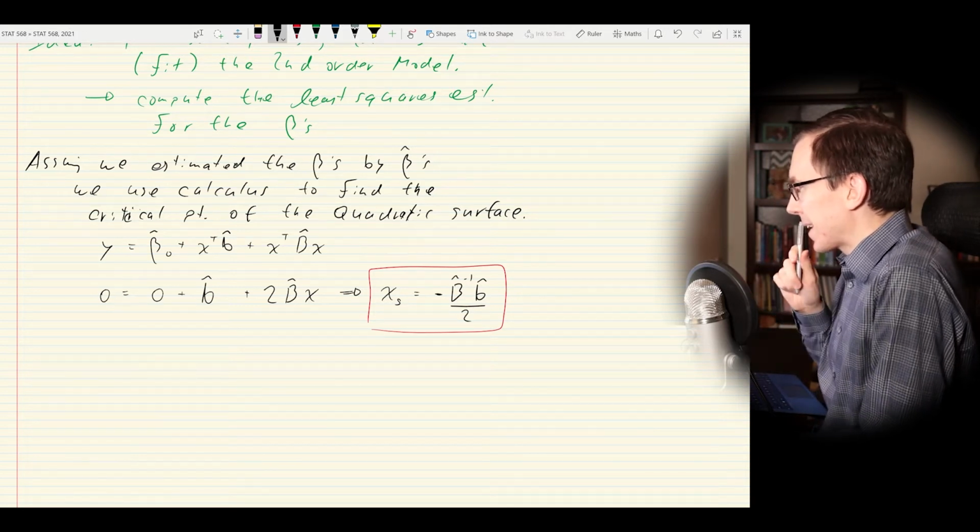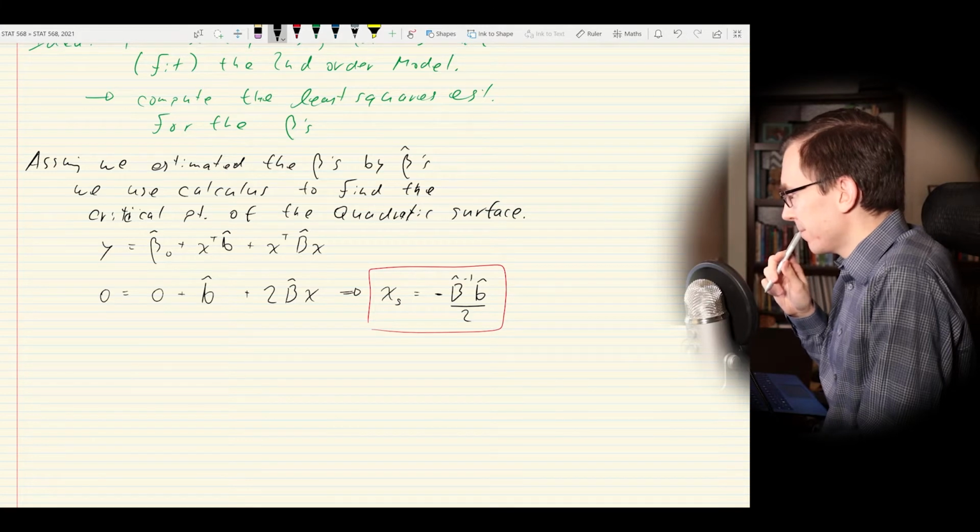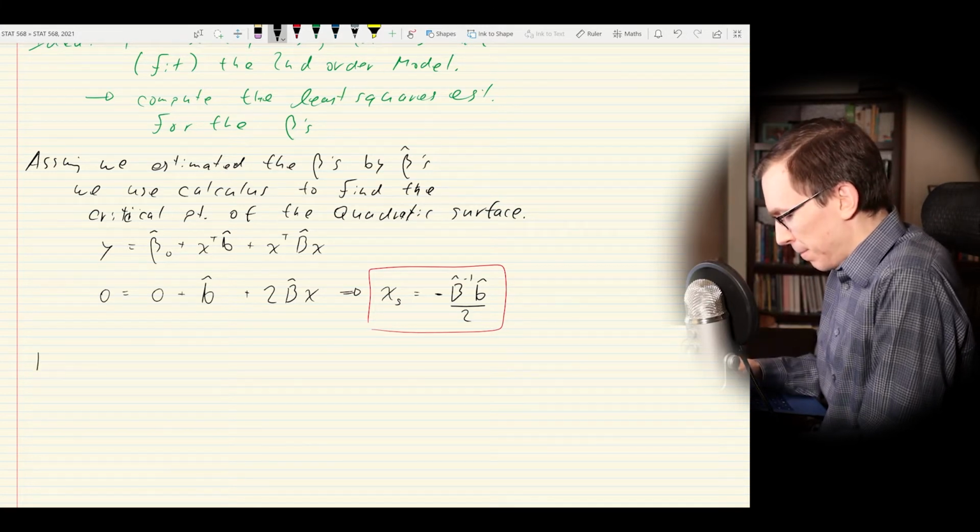But B is going to be actually really important. So B is symmetric, as I mentioned before.